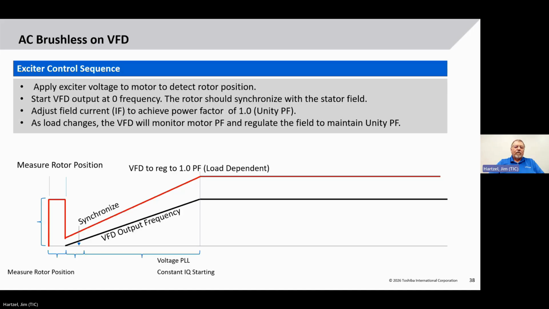And it's going to control the DC so that it maintains that unity power factor as it comes up into speed. Okay, so it's very important that we do that, and that's all built into the synchronizing software.